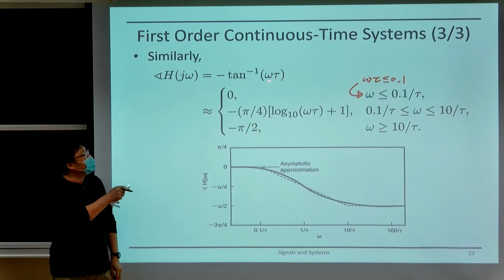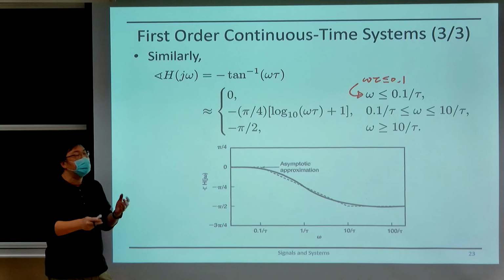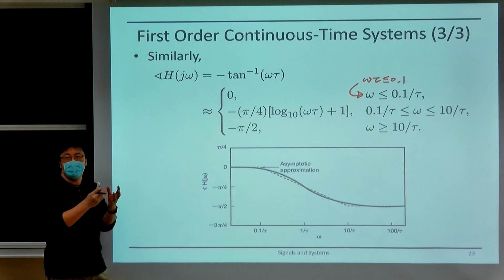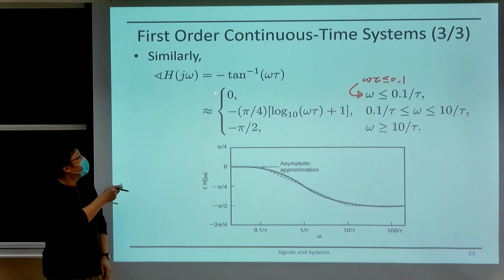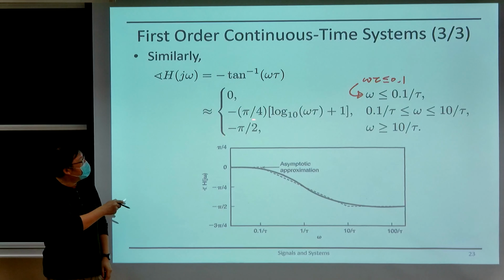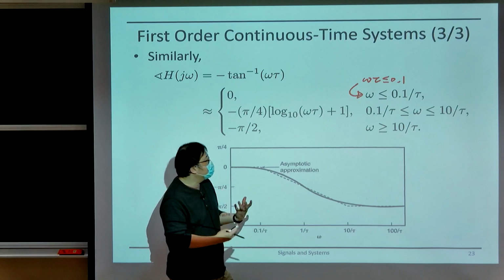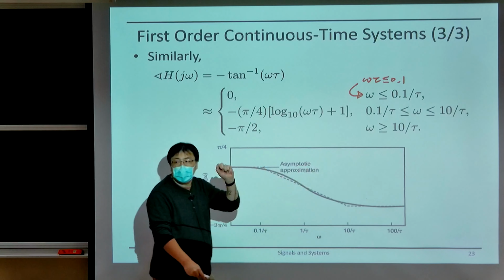Now, when omega tau is very large, then arctangent of a very large value is close to pi over 2. So minus that gives you minus pi over 2. Suppose that I consider omega tau greater than 10 as large.